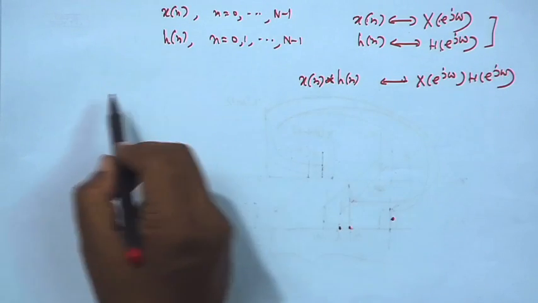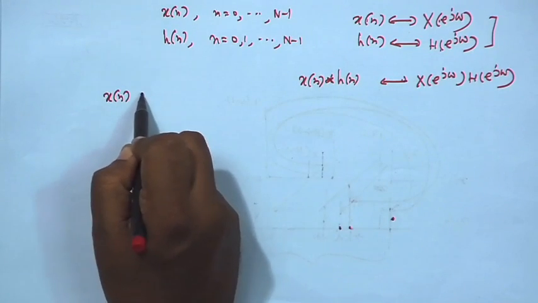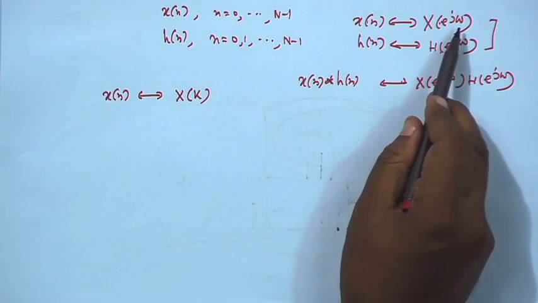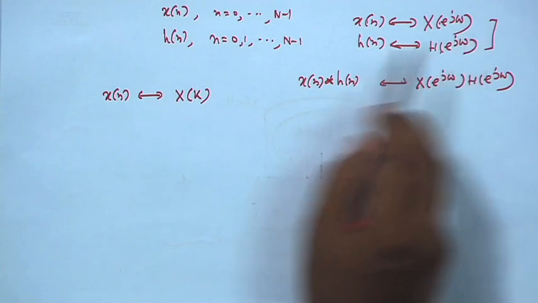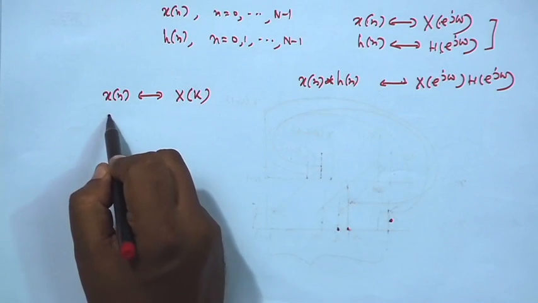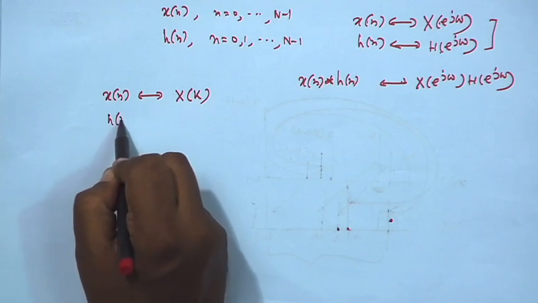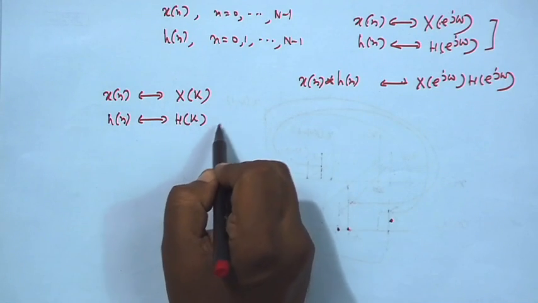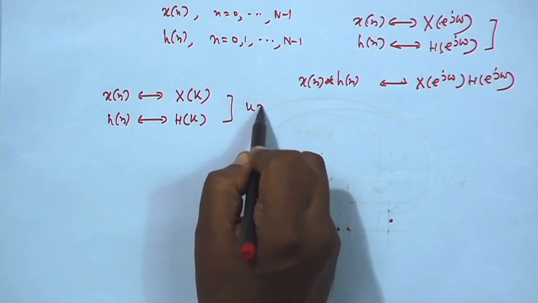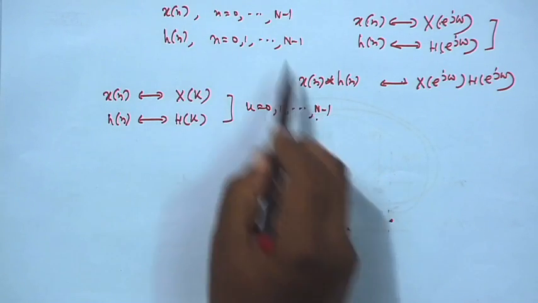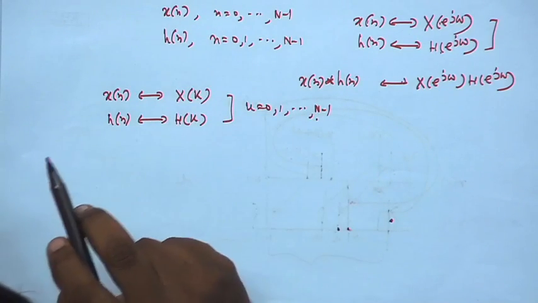Now, suppose x n, it has got DFT, that is the DTFT sampled capital N number of times, we say n point DFT, and similarly for h n, okay, in both cases k equal to 0, 1 dot dot dot n minus 1, where this n is same as this n, the length of the sequence. Okay.